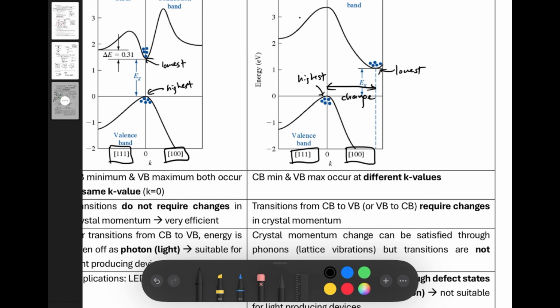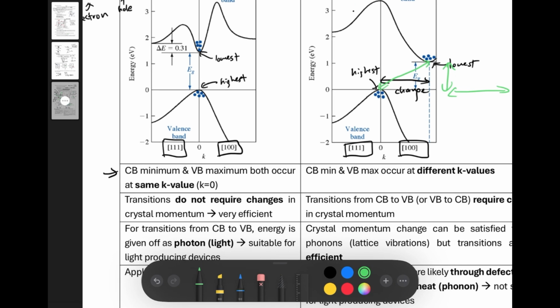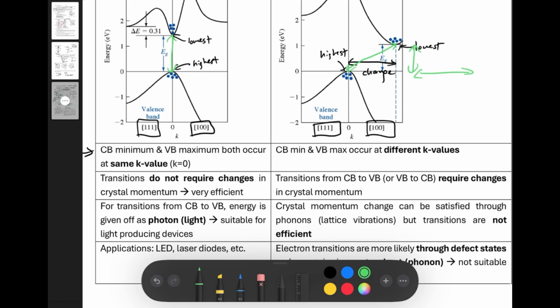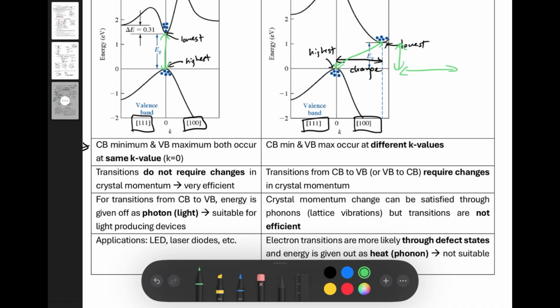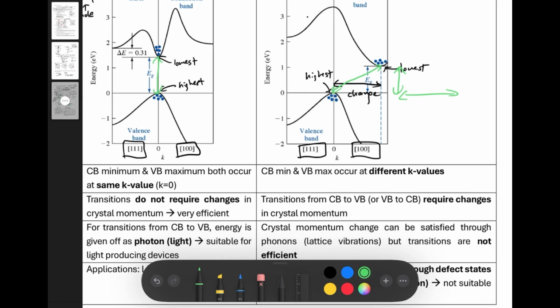So if the electron were to transit, it will have to transit like this. It will not only have to undergo an energy change, it will also need to undergo a crystal momentum change. For the direct bandgap semiconductor, however, it can immediately transition without needing a change in crystal momentum. So these transitions are very, very efficient as compared to the transition from indirect bandgap.